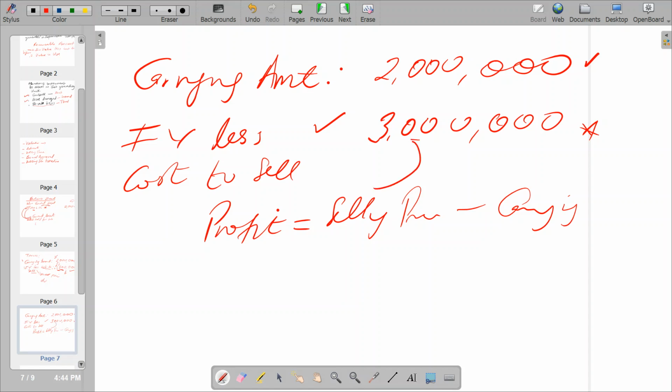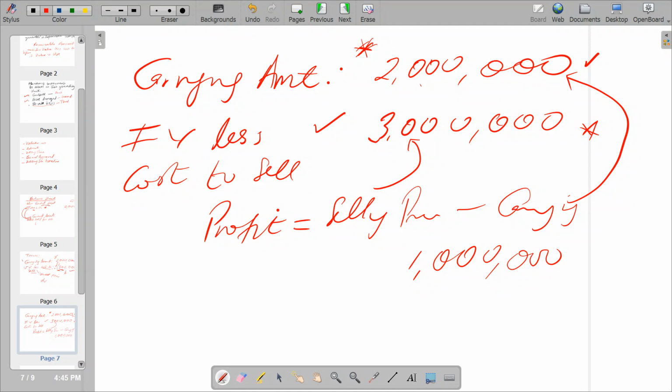So this is like the selling price, this one is the cost. So we even make a profit here of 1 million. So it means in this case the asset is not impaired. So we will maintain the carrying amount of the asset in our books, because even if we sell it, we even get a profit.